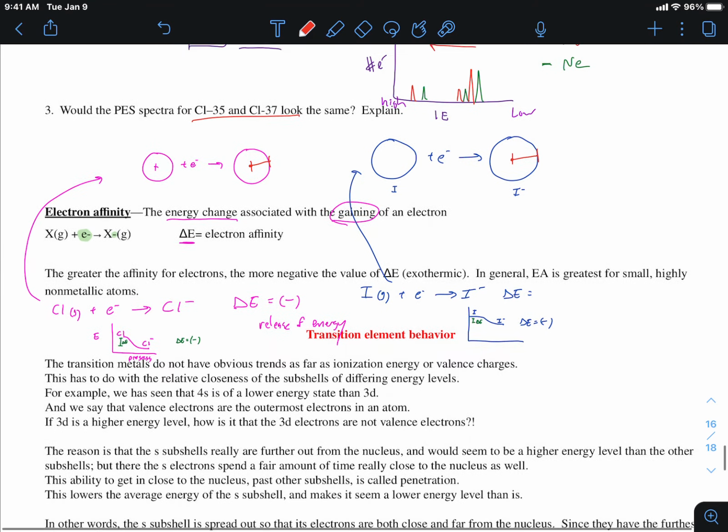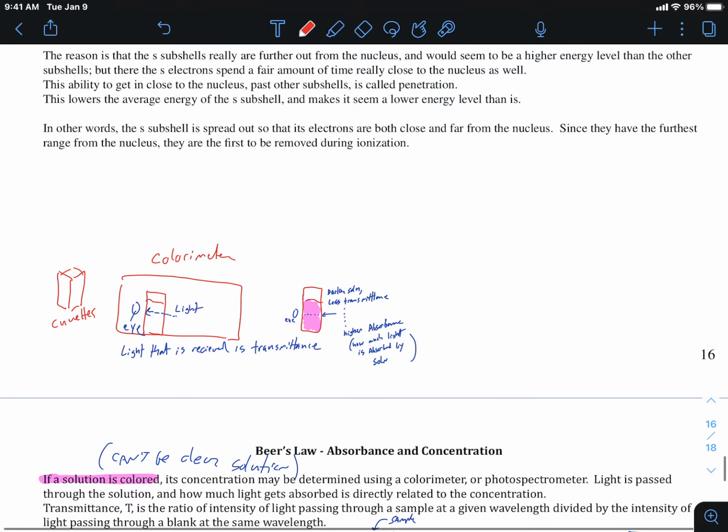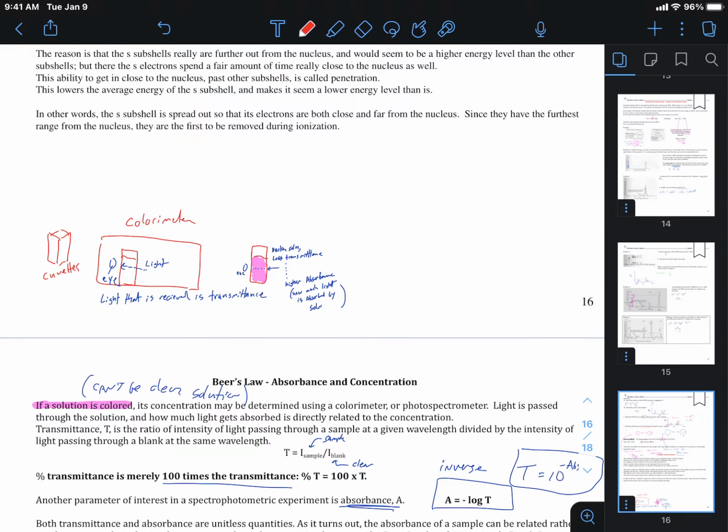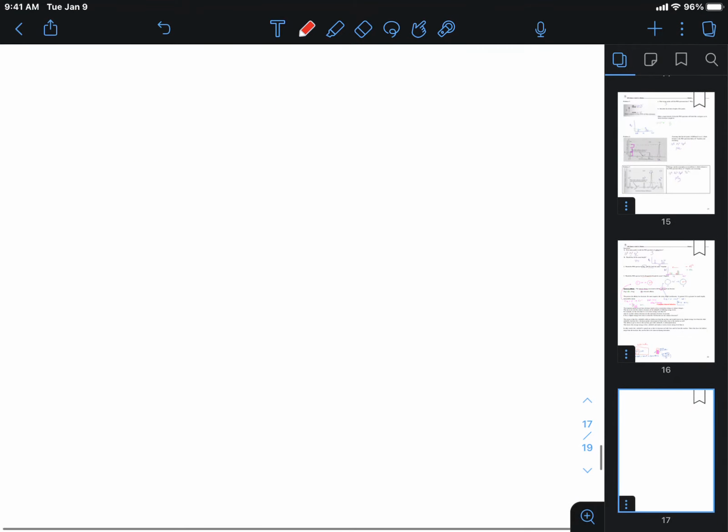Let's take a look at another example of electron affinity. I'm going to have to wedge a page in here. Something like this.